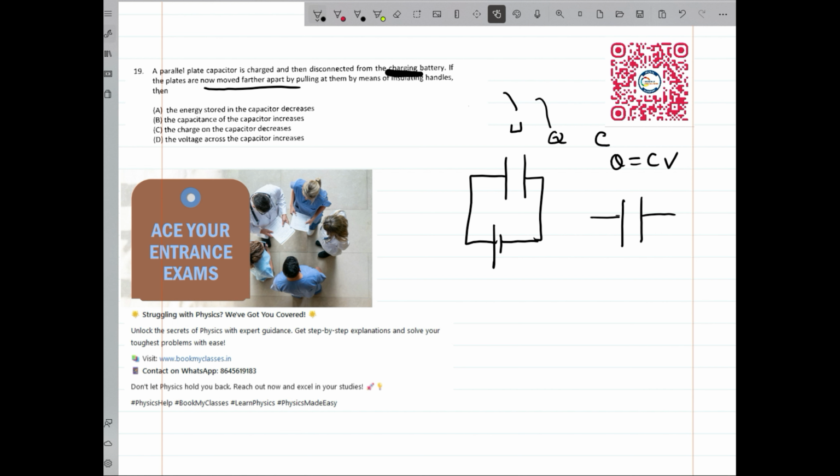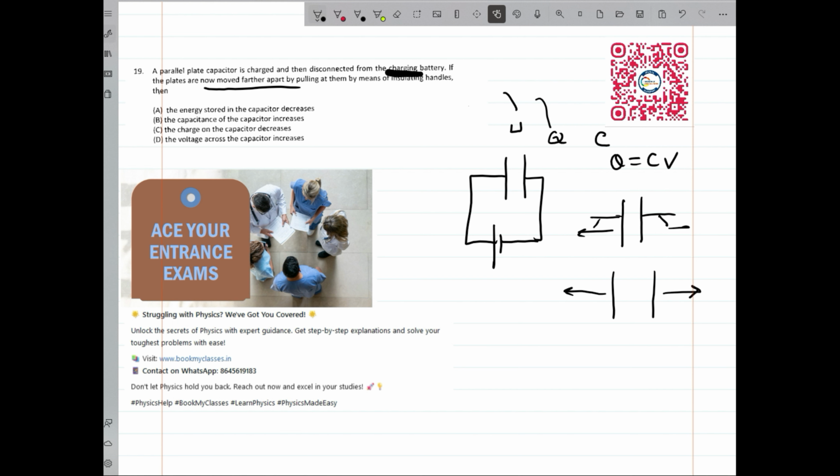Whatever charge is on the capacitor stays on the capacitor. Now you're increasing the distance between the plates by pulling the handles on both sides.